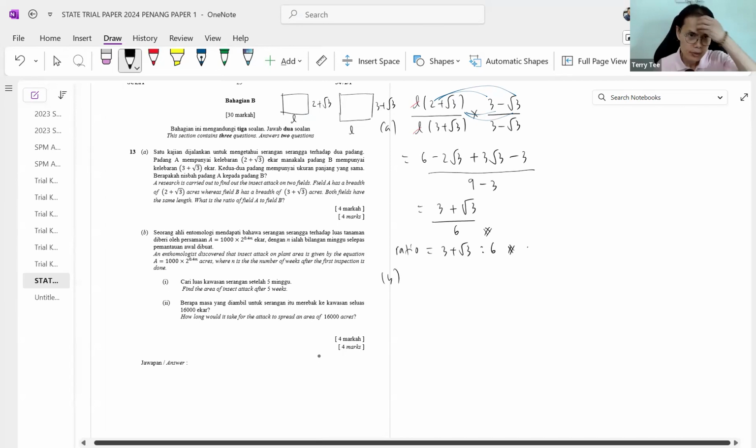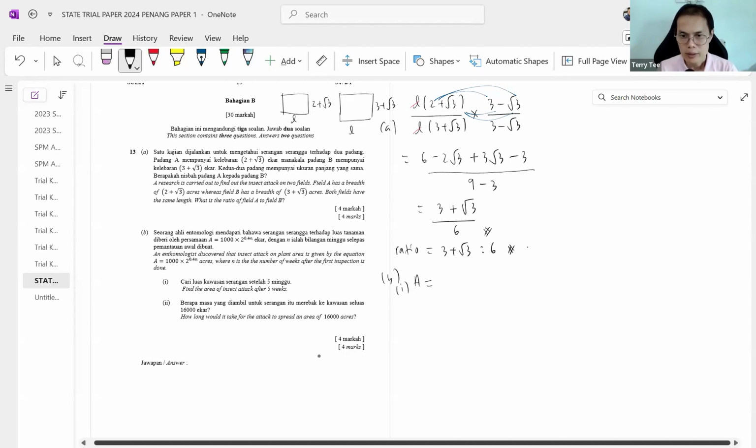Second one, part B. Entomologists discovered that the insect attack on the plant area is given by the equation A equals 1000 times 2 to the power of 0.4n, right? Where n is the number of weeks after the first inspection is done. So find the area after 5 weeks. So n is the number of weeks. So we replace your n.